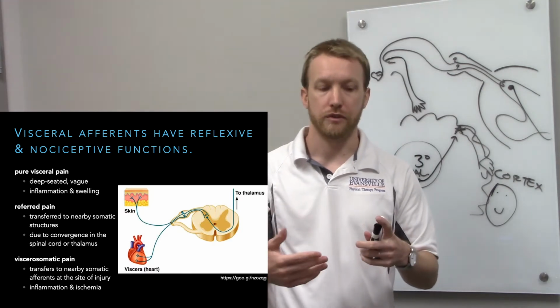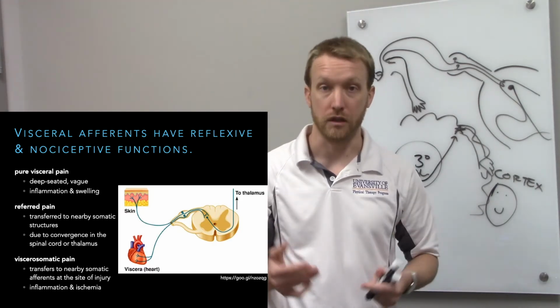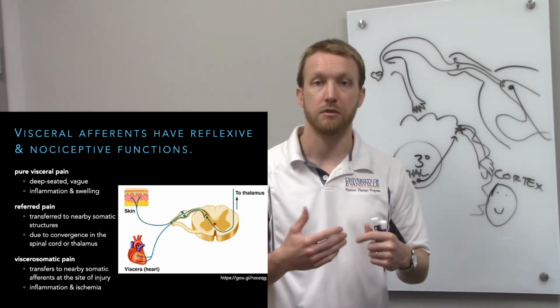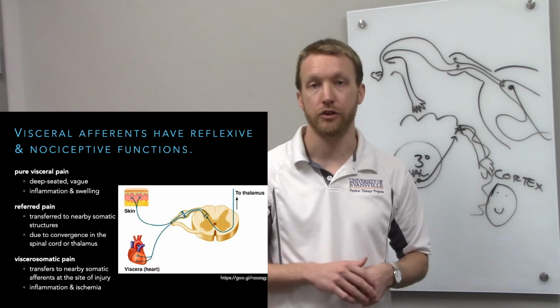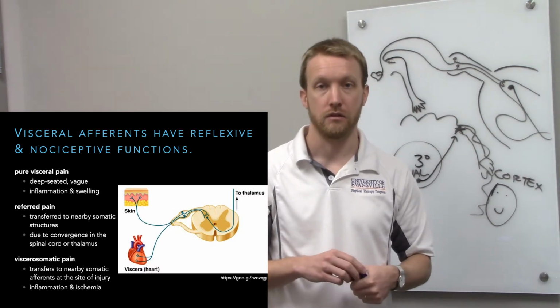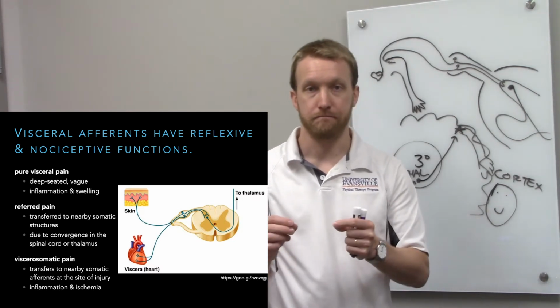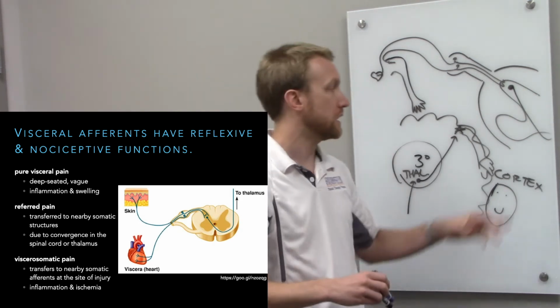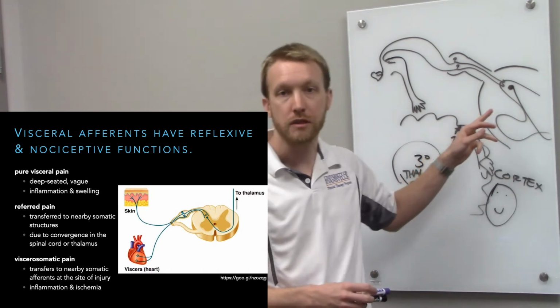A good example of this would be with loss of blood flow. That ischemia can lead to stimulation of nearby pain-sensing nerve fibers. That'd be viscerosomatic pain. So it's convergence really at the primary afferent. Convergence at secondary and tertiary, that would be referred pain.